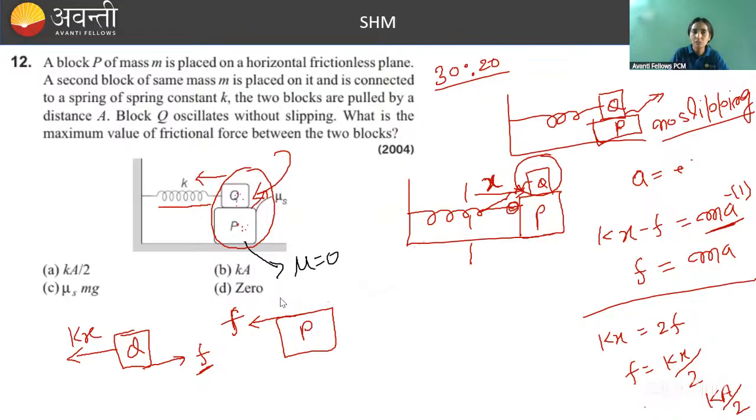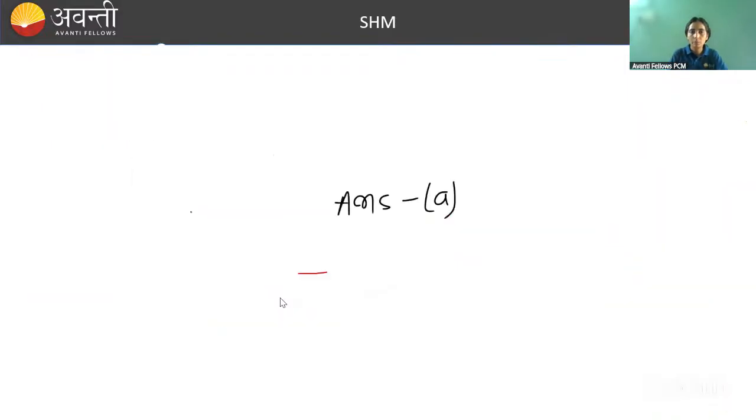Option C will simply get cut, because this is the maximum friction force, we cannot say it like this, it is not zero. So we simply need to solve it and see what the case is. Okay, the option was A. We got A, right? Yes.